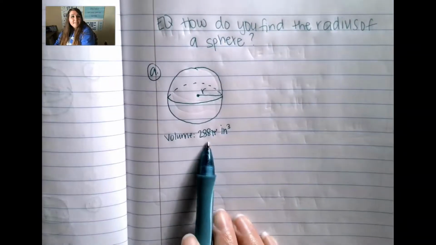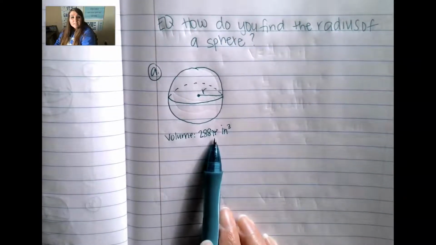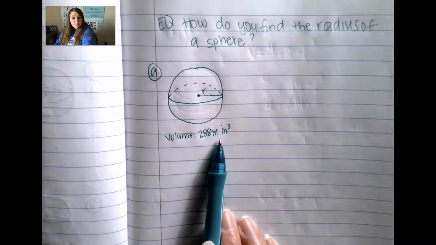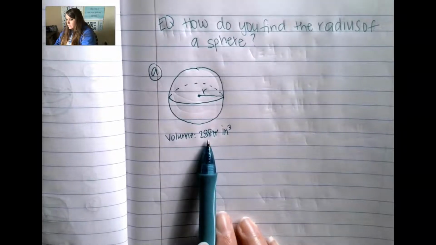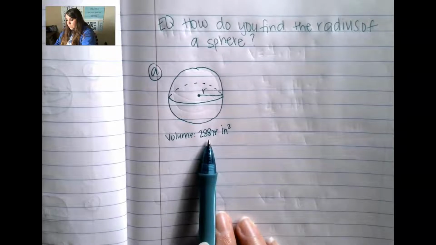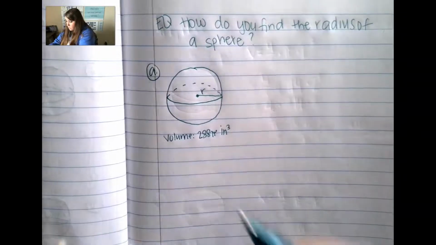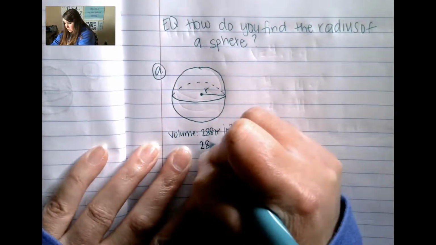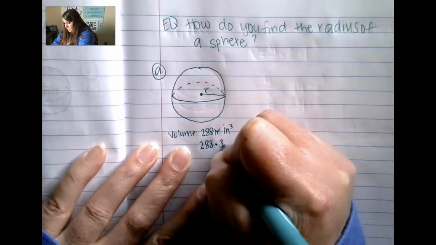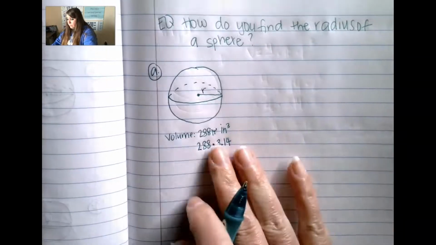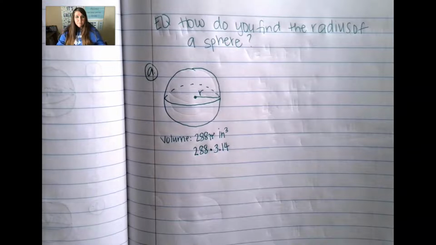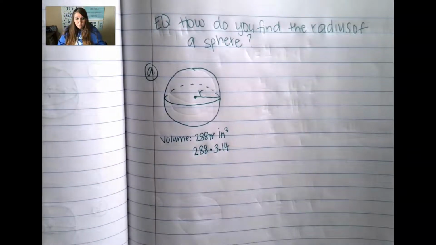Okay, well this doesn't tell us anything. We still have to solve here in order to figure out what the volume is. So we're going to multiply 288 times 3.14 to get the volume. So they're asking us to do just a little bit more work before we can move forward with this.